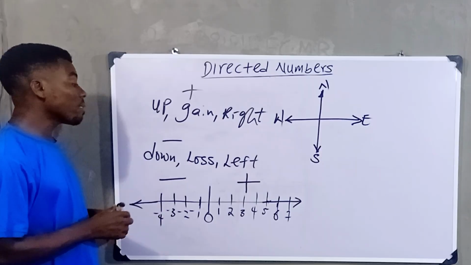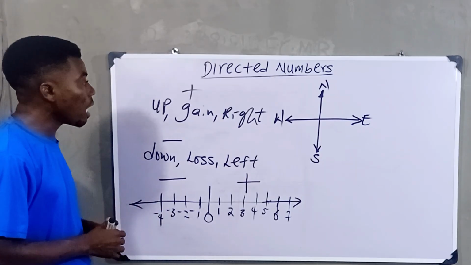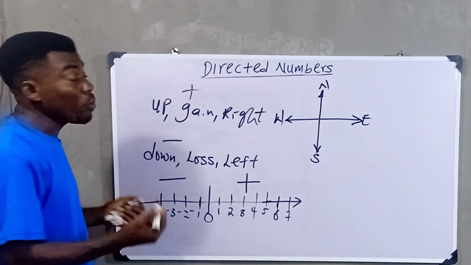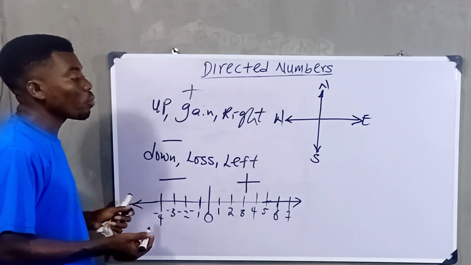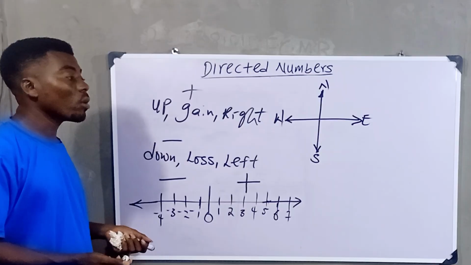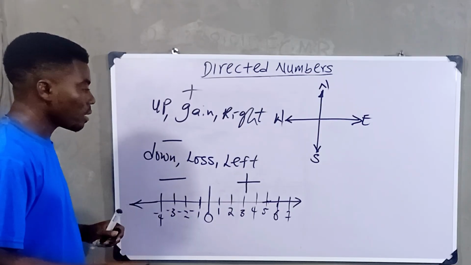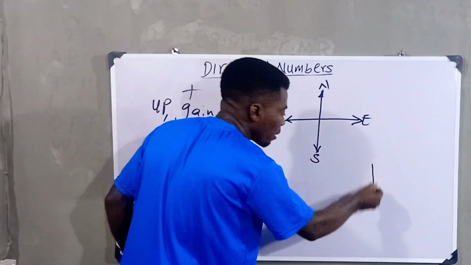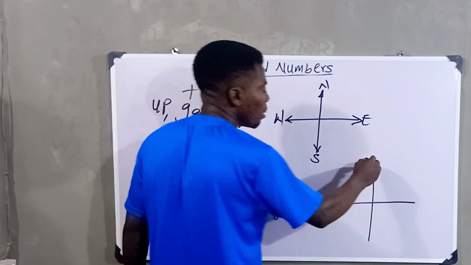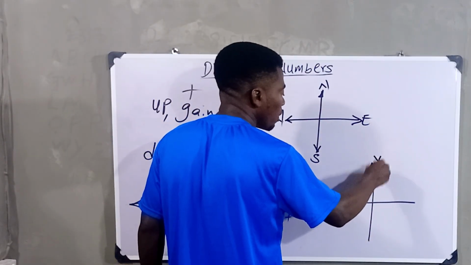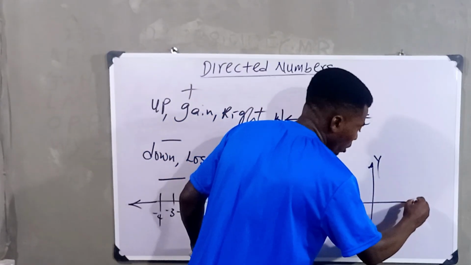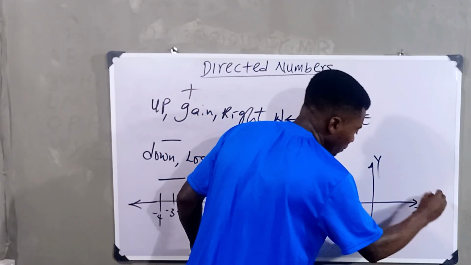And then the last example to explain how this works is when we plot a graph, we have what we call the y axis and the x axis. The vertical line is what we call the y axis, and the horizontal line is the x axis.